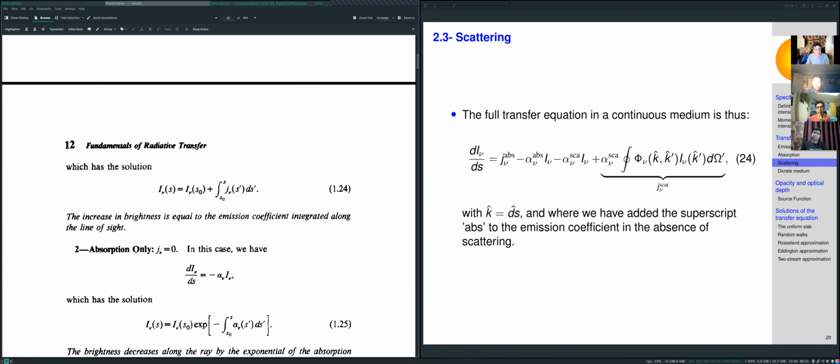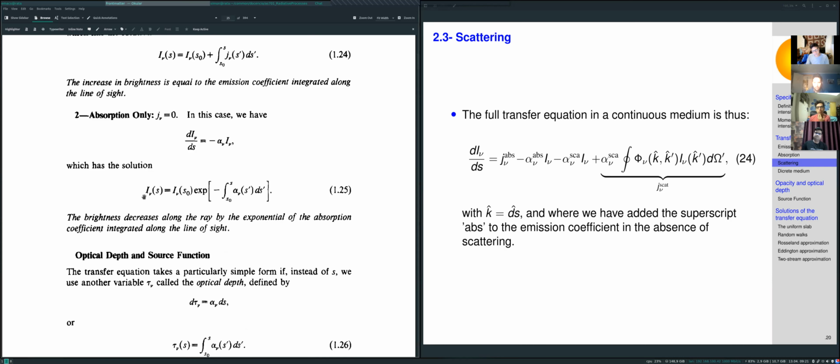So for absorption only, we have this other solution. In this case, again, the absorption coefficient is assumed not to depend on the incident radiation field. This is not always the case.